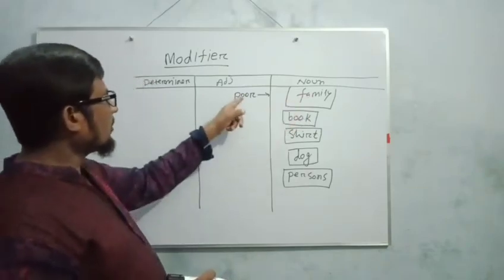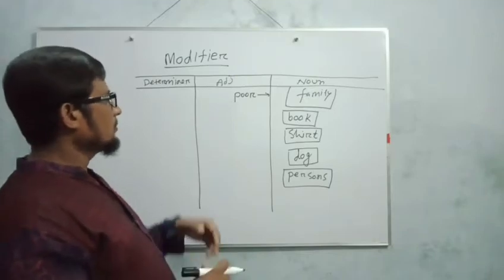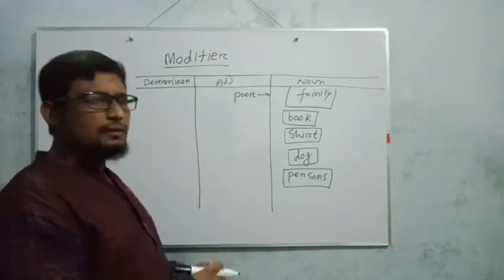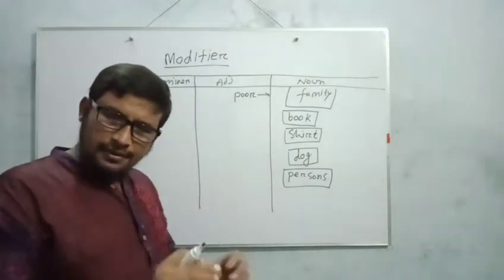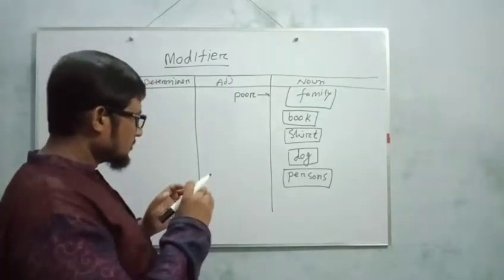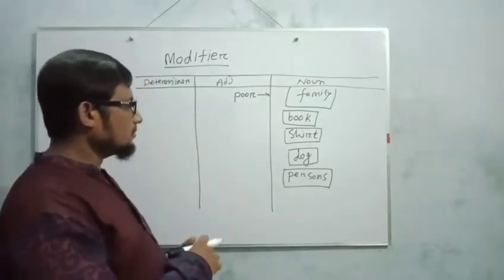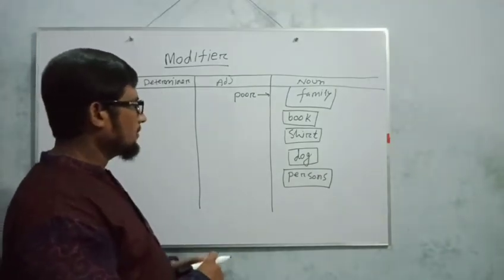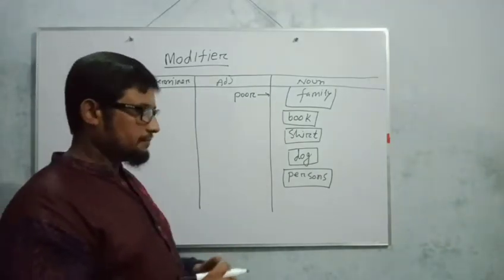With the help of the word poor, now we understand that the family is not only family, the family is also poor. So, the word poor gives an extra information, that is the condition of family.